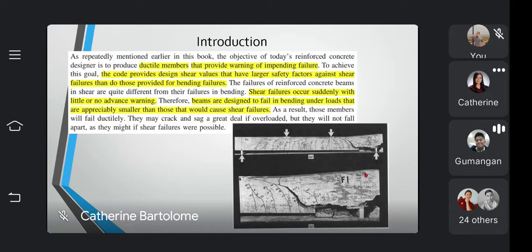Unti-unti pong dumami. Okay, isa lang. Sino nagsalita? Miss Valmejano? Unti-unti pong lumaki, ma'am, tapos dumami po yung crack. Saan siya dumami? Part? Dun po sa malapit sa simula ng cracks lang din po.